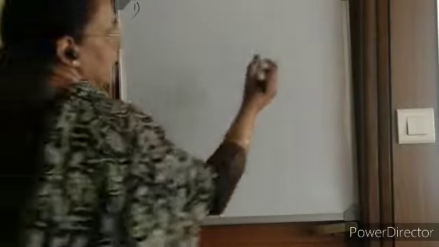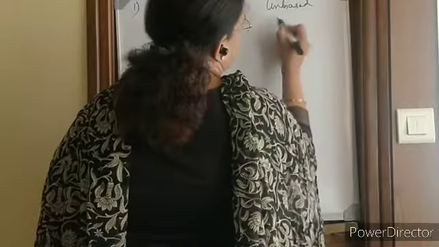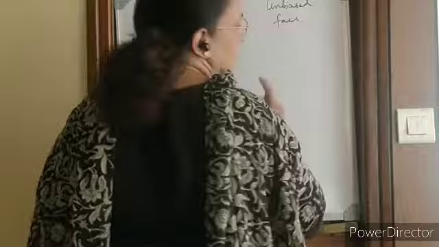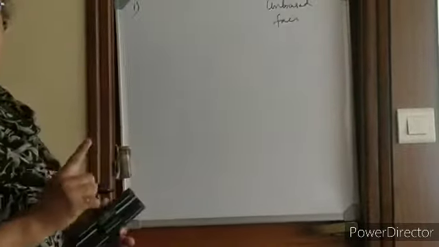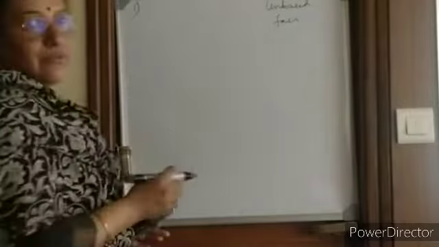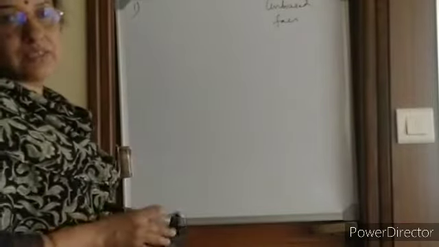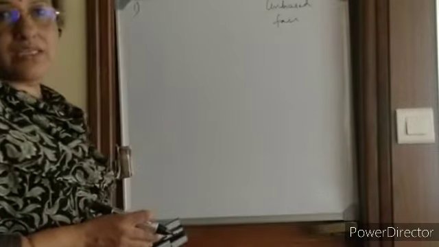Normally we have this word unbiased, or fair. It means that head is on one side, the tail outcome is on the other side. Whenever we write the problem, we usually say a fair coin is tossed once, or an unbiased coin is tossed once.